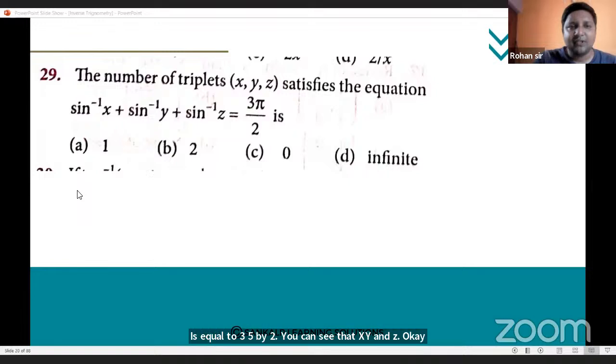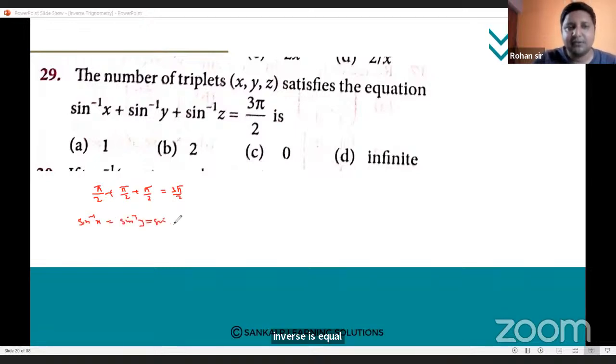If we consider sin⁻¹x as π/2, the second value also π/2, and the third value π/2, then adding π/2 three times we get 3π/2. So we can consider sin⁻¹x = sin⁻¹y = sin⁻¹z = π/2. When sin⁻¹x is π/2, we get x = y = z = 1, which satisfies the equation.